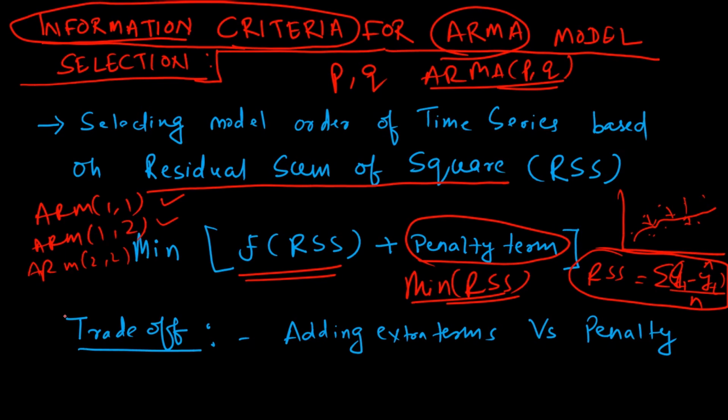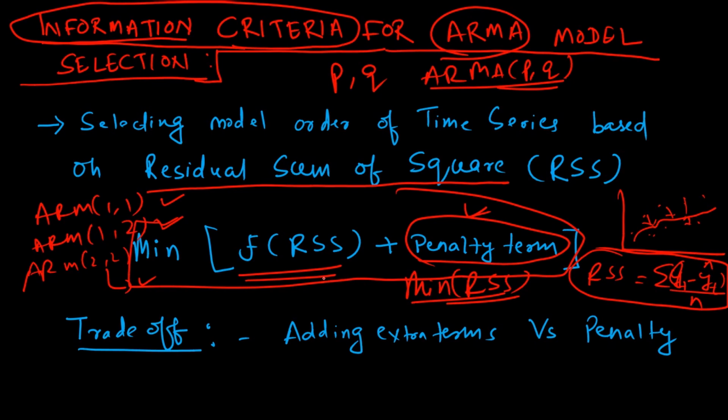But that's not true, because when you keep adding more terms, like one more lag in this case and two more lags in the second case, the RSS will automatically go down. The residual sum of square goes down when you add more terms or lags. Hence, we cannot say for sure that the ARMA 22 model is better than the ARMA 11 model. So when we minimize this, we also keep in mind a penalty term for adding more lags, more AR terms or MA terms, in the ARMA framework.